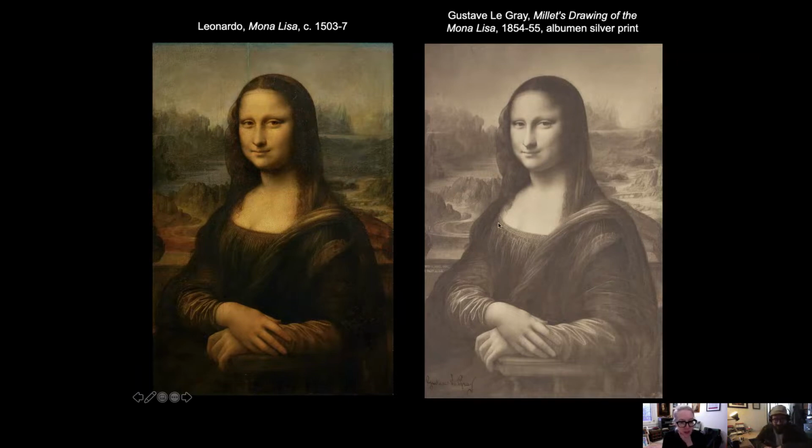To tie all this together, it's important to remember the kinds of concerns and considerations that are in the minds of artists who are reproducing existing paintings. We can think of this as one of the first photographs of the Mona Lisa, but it's not a photograph of the painting.